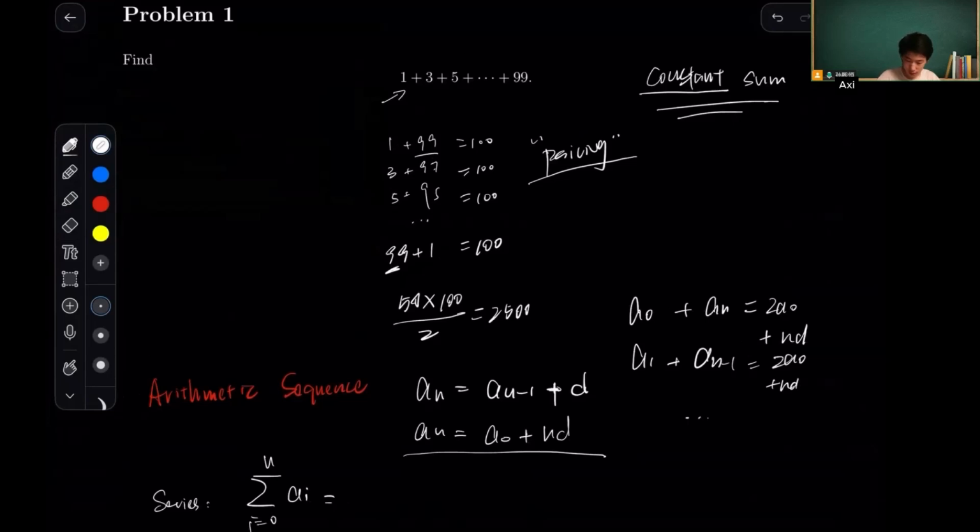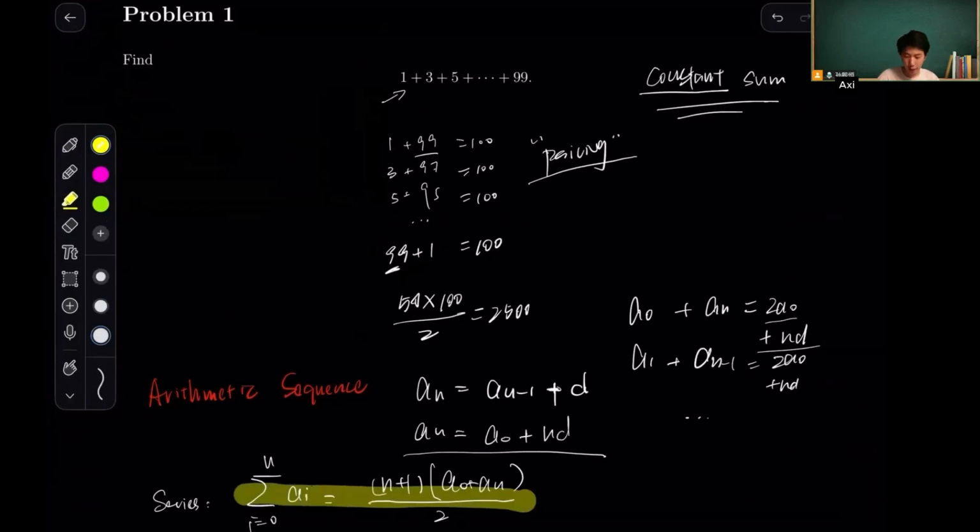That means there are a total of n plus 1 terms, because we also counted the 0th term. And then the sum for every single one of them would be a0 plus an, or also 2a0 plus n times d, divided by 2, because we have counted twice for each number, and we're done. So this is essentially the first formula that we are going to learn in this course, the arithmetic sequence formula.